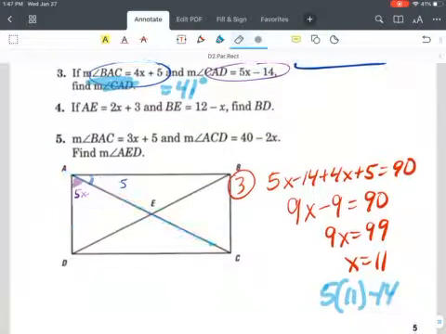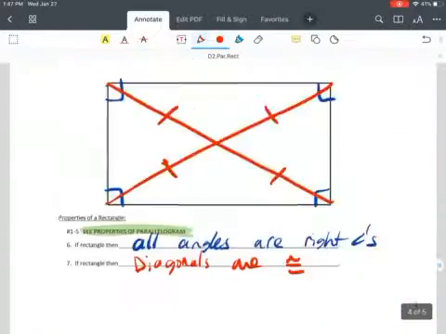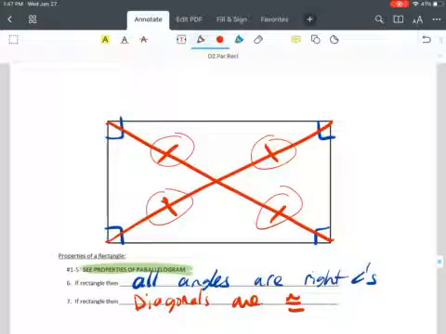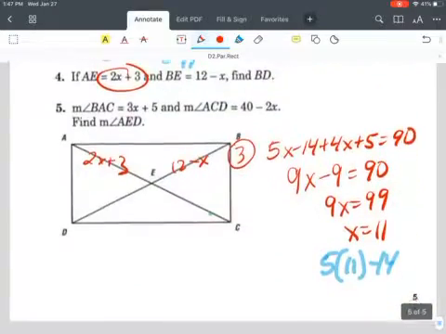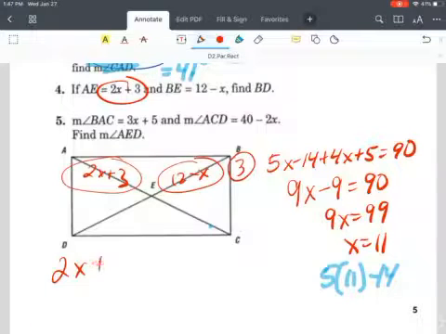Can use the same diagram, so I'm going to erase some of this for number 4. Says that AE is 2x plus 3, and BE is 12 minus x. Remembering the diagonals are all congruent and bisect each other. That means all 4 of those broken up parts of the diagonals are equal. So 2x plus 3 has to equal 12 minus x.